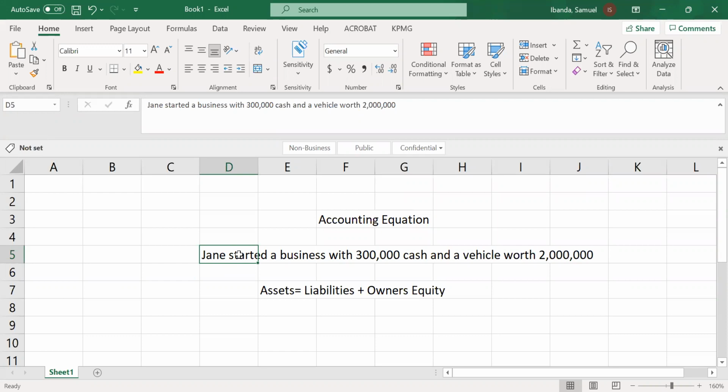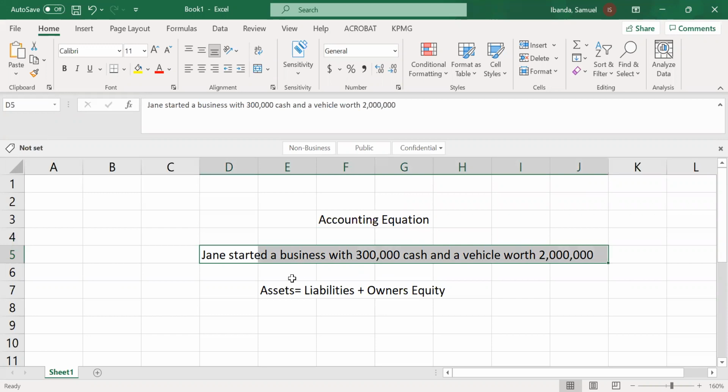As we can see, we have a current asset, which is cash, coming into the business. We also have a vehicle, which is a fixed asset, a non-current asset, also coming into the business. But since Jen is starting her business, we also regard these two items as capital.